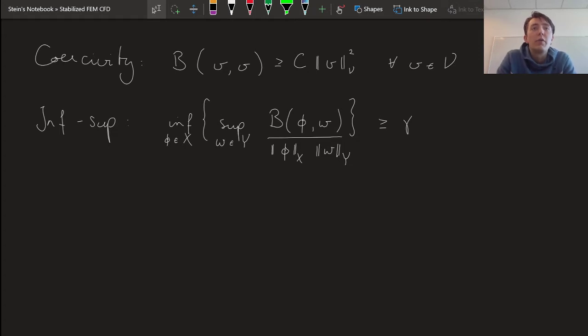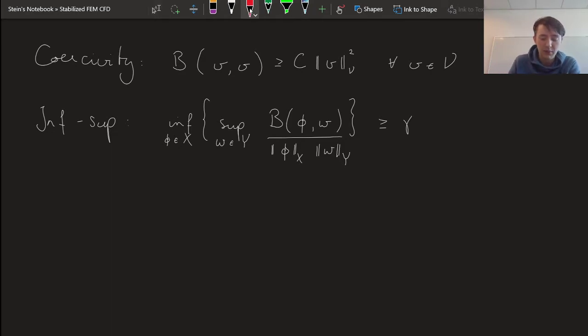So before I show you those simulation results, I first want to rehearse the difference between coercivity and Inf-sup from a discretization perspective, because so far I haven't really talked much about the discretization. Everything that I've talked about applies in the infinite dimensional setting, right?